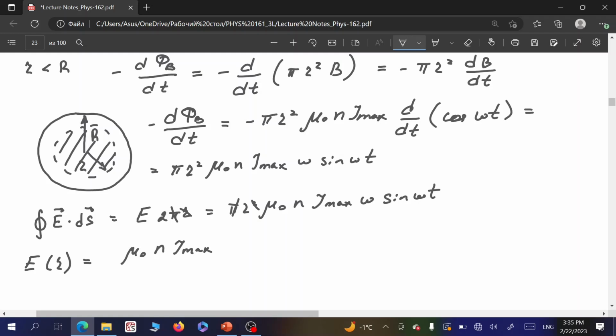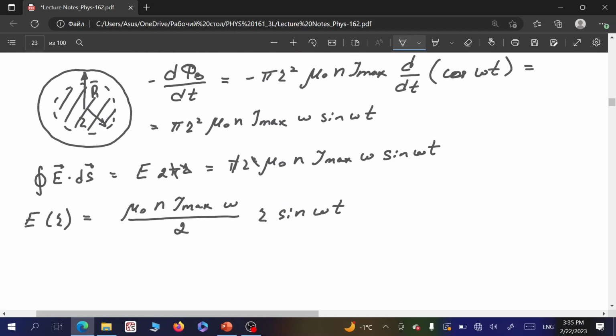So I maximum times omega over 2, here we have r, times sine omega t.